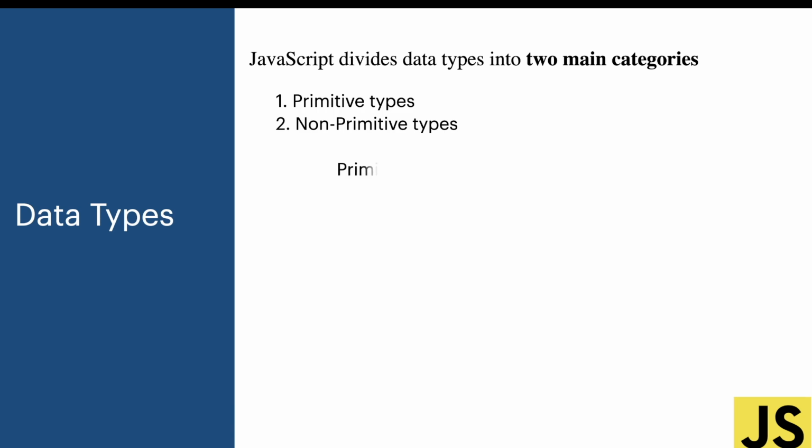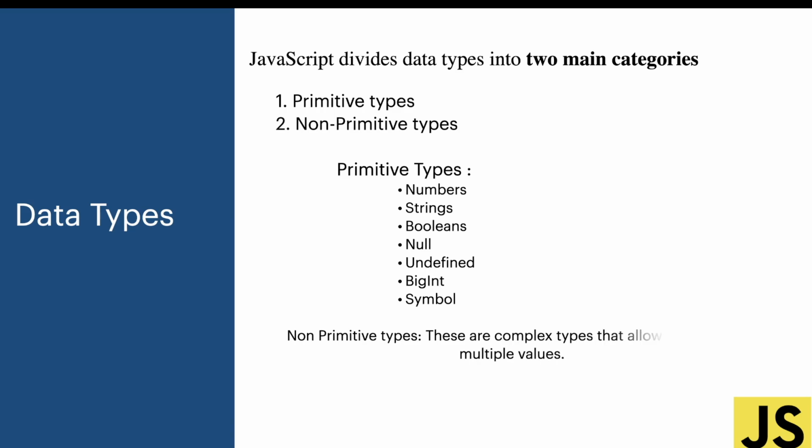JavaScript has 7 primitive types. We have numbers, strings, booleans, null, undefined, BigInt, and symbol. Every other type in JavaScript is what we call a non-primitive type, and these are basically objects.